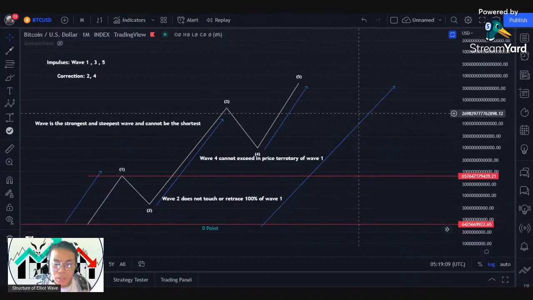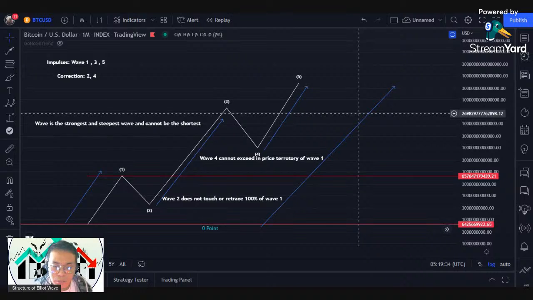Now, usually people or traders use this Elliott wave for long-term investment, or sometimes they use this as a swing. They trade this as a swing, but you can trade this also in intraday. But for me, it is not effective if you are going to use this in scalping. Okay, it's better to use some indicator if you're going to scalp.